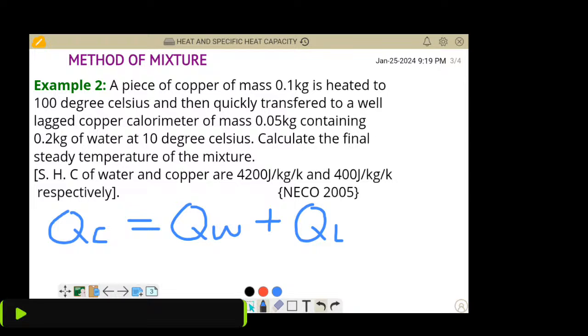So mathematically, this is what just happened. Heat lost by the copper is equal to heat gain by the water and copper calorimeter. That is what just happened, because when you transfer hot object to cold object, heat is transferred from hot object to the cold object. Okay, let's now see how we can represent this mathematically.